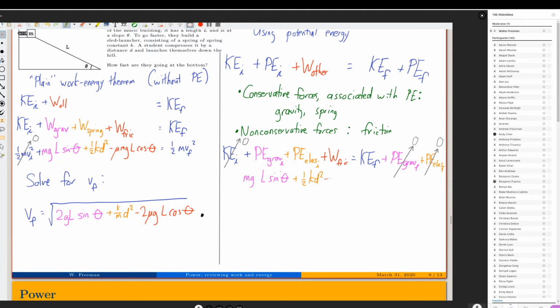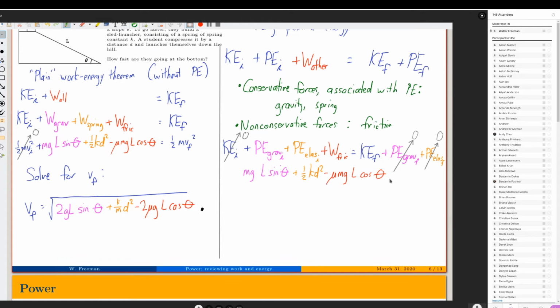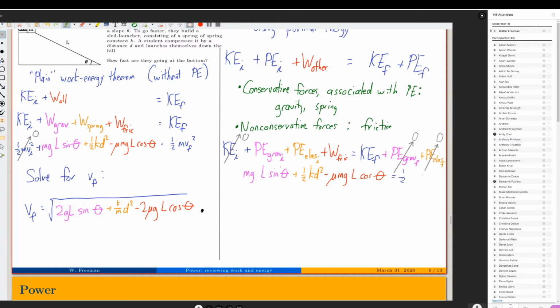I still have the same term from the work done by friction. Equals the final kinetic energy.